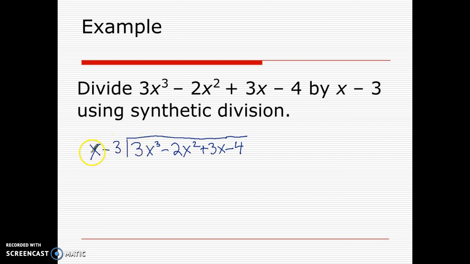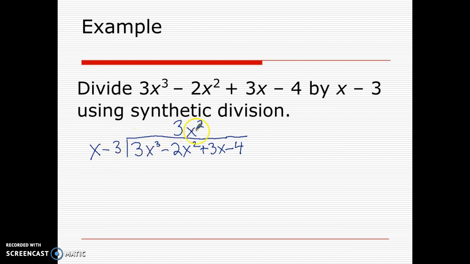So when that's the case, the first coefficient in the quotient is always going to be just the first coefficient in the dividend, if that makes sense, right? So how many times does x go into 3x cubed? 3x squared, right? So 3, okay, that 3 is simply going to be copied down.